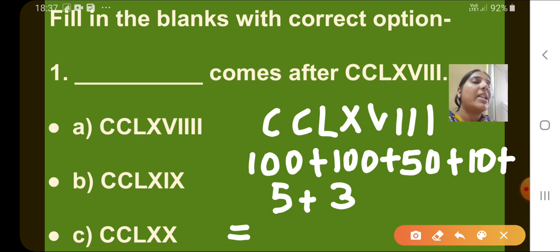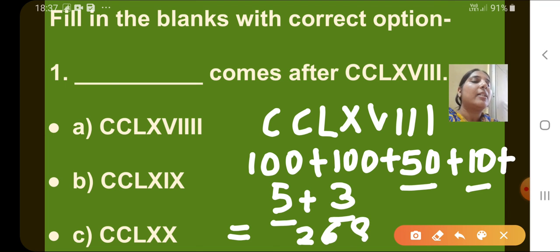So 100 plus 100, 200. 200 plus 50, 250. 250 plus 10, 260. 260 plus 5, 265. 265 plus 3, 268. Now, if you read this sentence again with Hindu-Arabic numbers, that dash comes after 268.